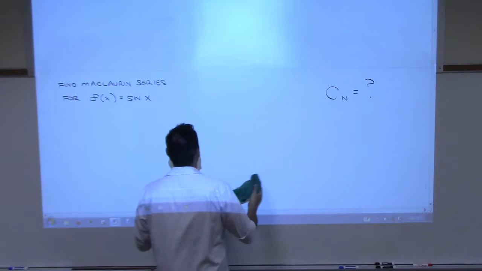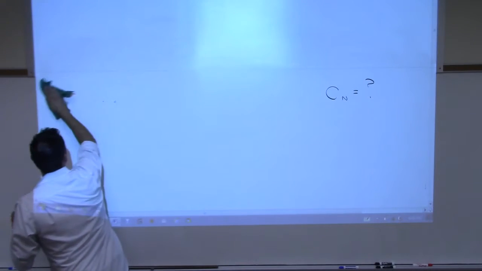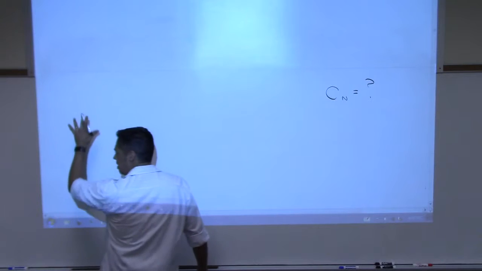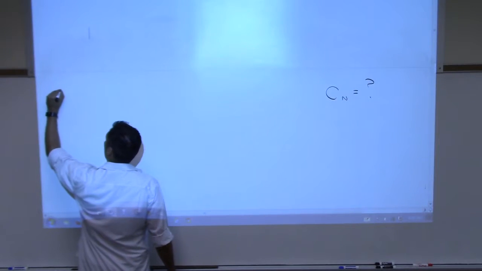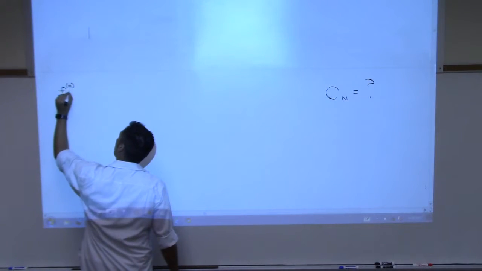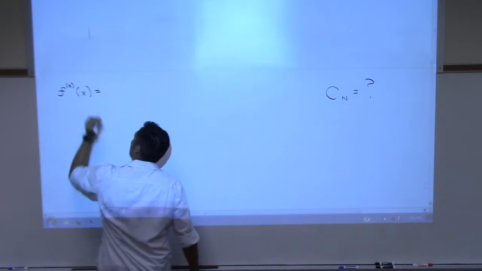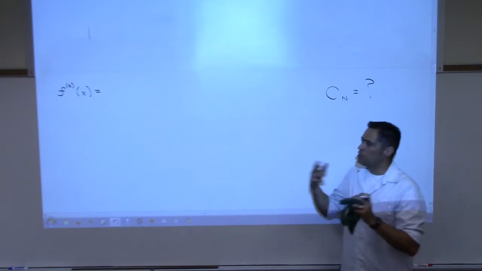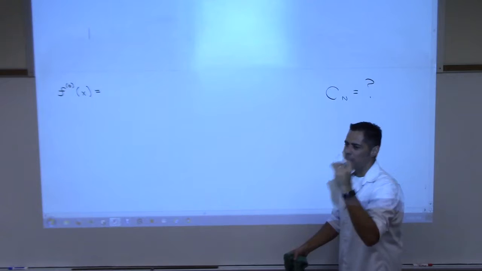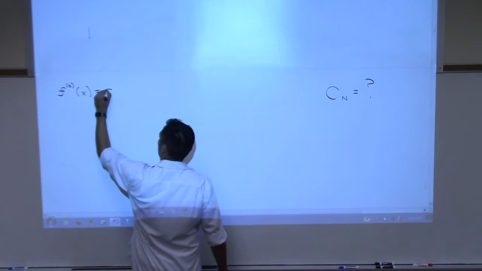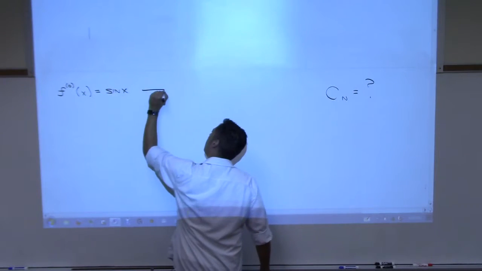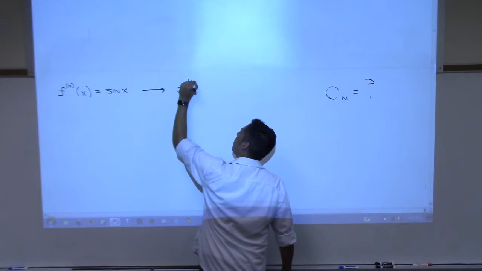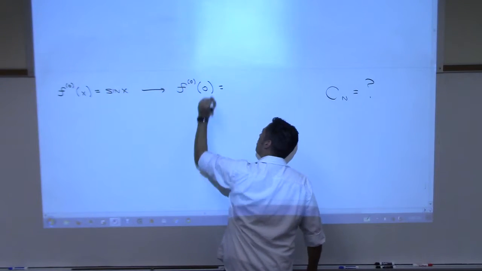So I think the way I like to do this, you know what the function is, right? I like to just make a table. So I start out with the 0th derivative of the function, and I do it at x first. So just give me the 0th derivative of this function. It's just sine x, right? Now, go ahead and do the Maclaurin part, which means plug 0 into that.